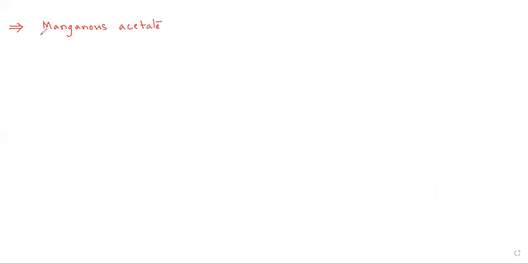Manganese acetate. Come on. The formula of manganese ion is Mn2+, right? Nothing but manganese 2 is manganese ion. Now coming to the formula of acetate ion. You know the formula of acetate ion is CH3C=O O-.